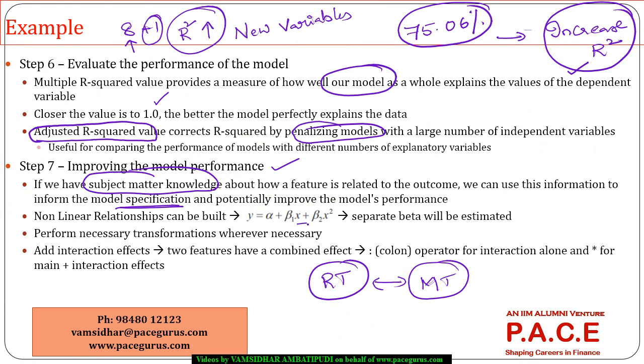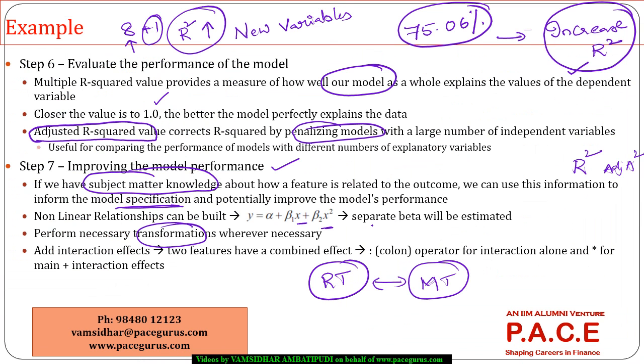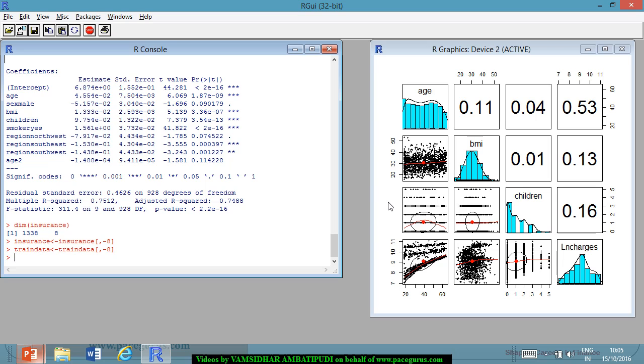I can introduce non-linearities, etc. But my intention is to increase the R squared and the adjusted R squared. So do the necessary transformations. Sometimes instead of taking the data in the same form, I may want to take logarithms, I may want to take all the other kinds of effects. And in some cases, I may want to even bring in the interactions between the elements as well.